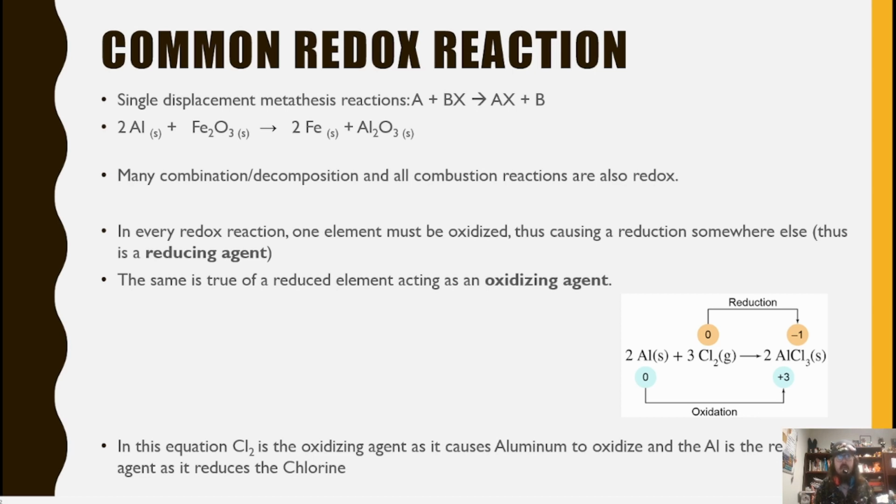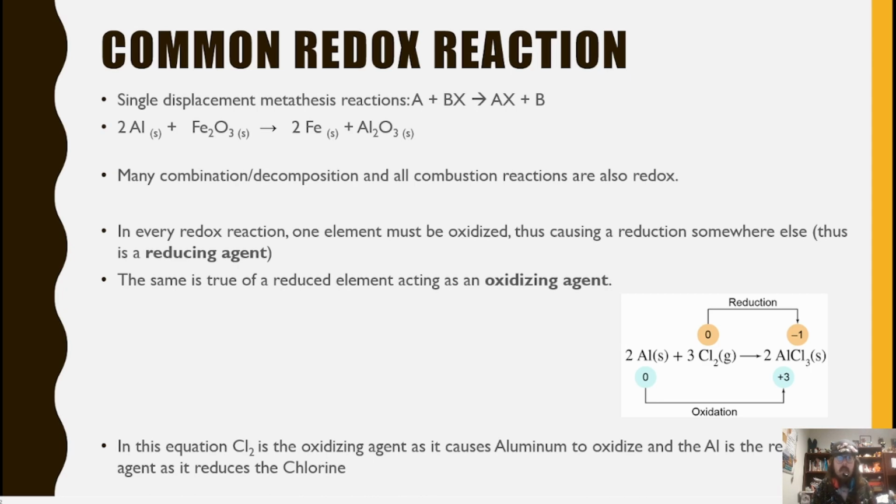Now, many combination and decomposition reactions are also redox, but unless there is a pure element being formed or consumed, you must check the charges, the oxidation states.